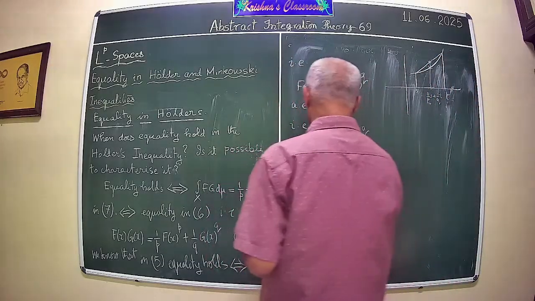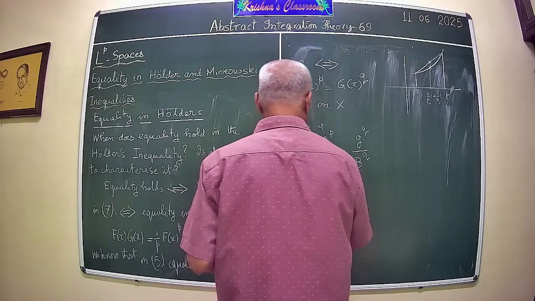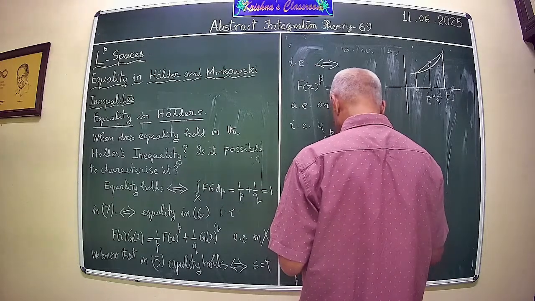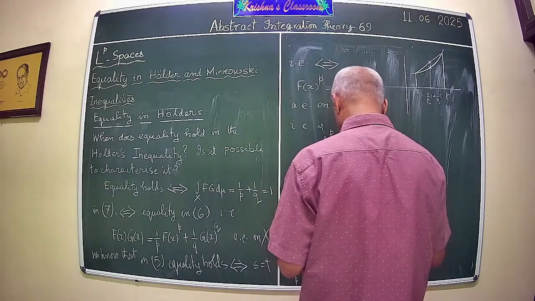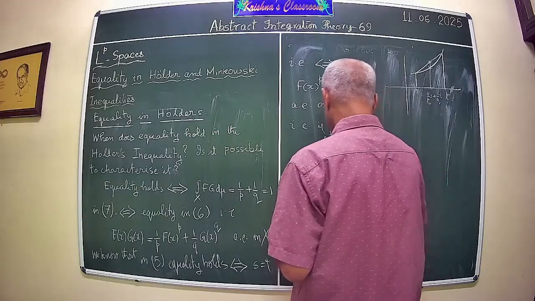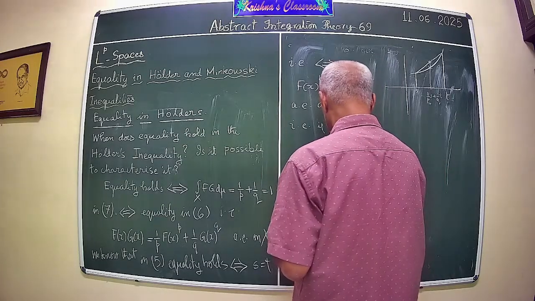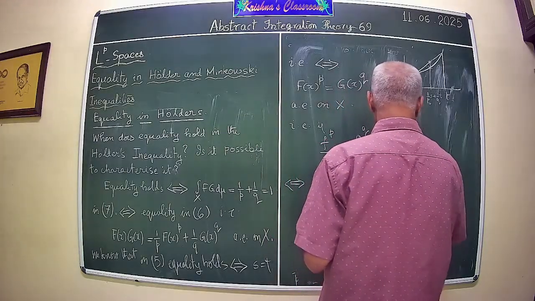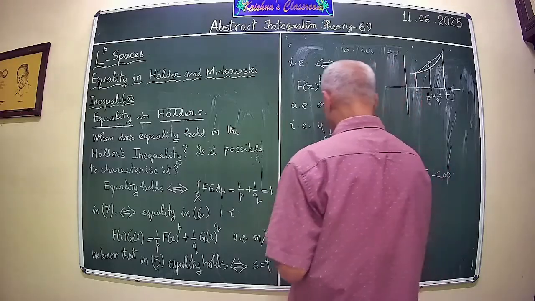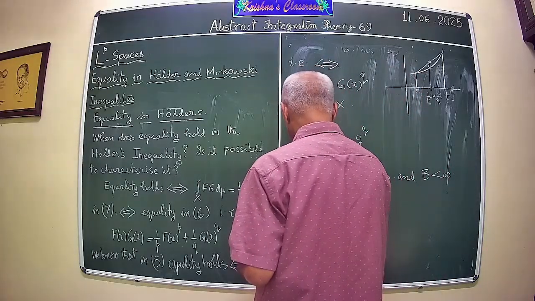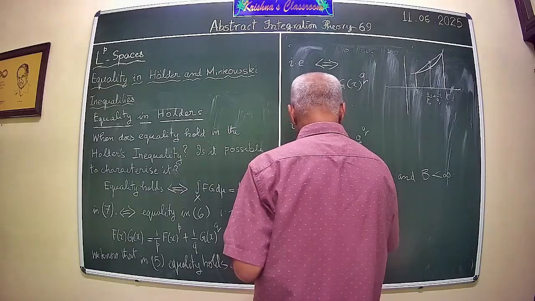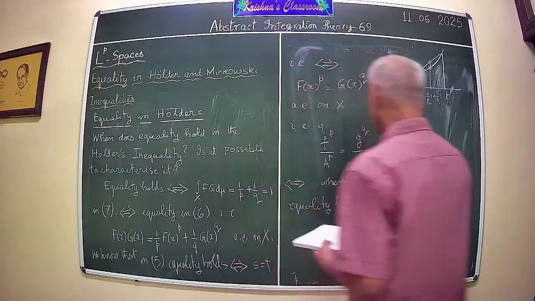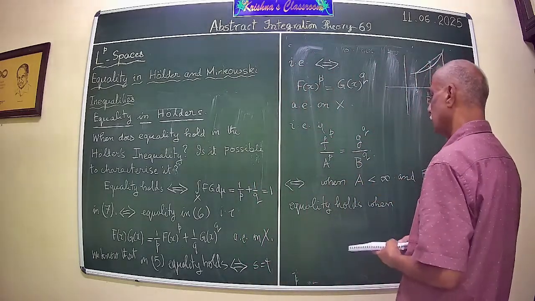And that is if and only if there exists positive constants. See, these two are, one is a positive scalar multiple of the other.